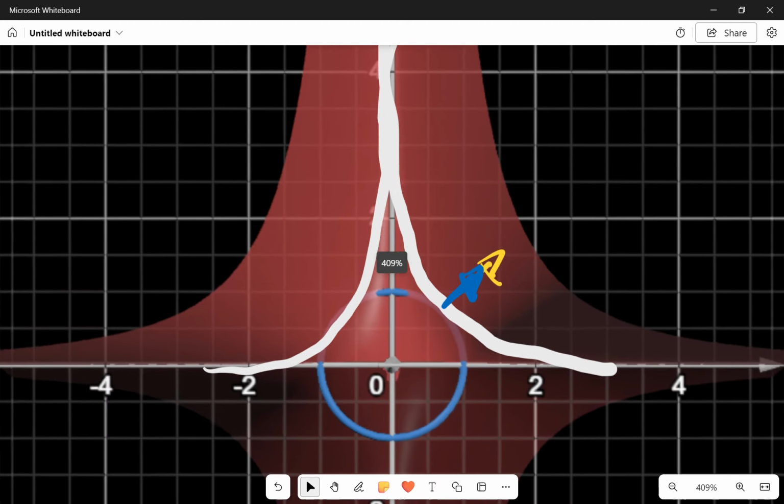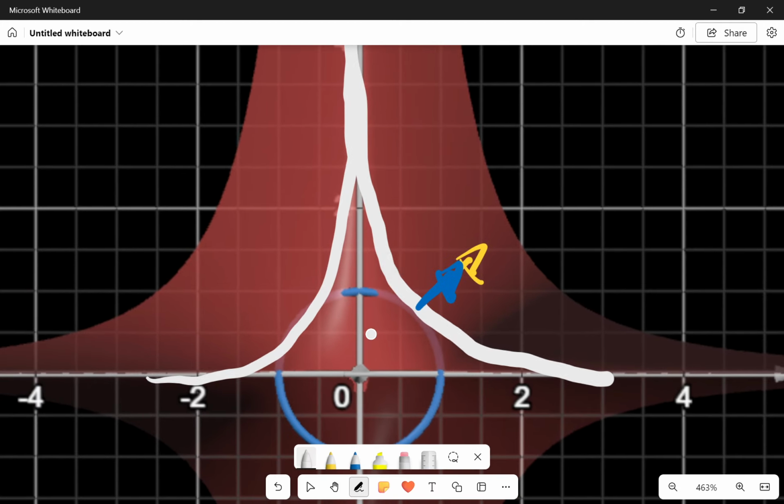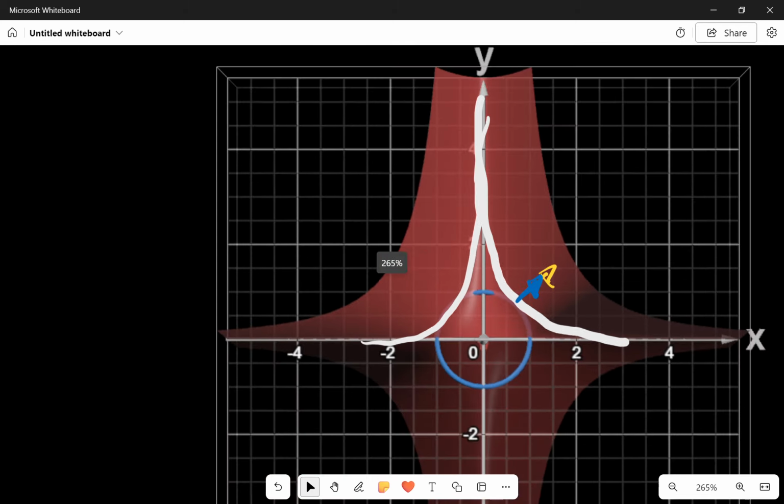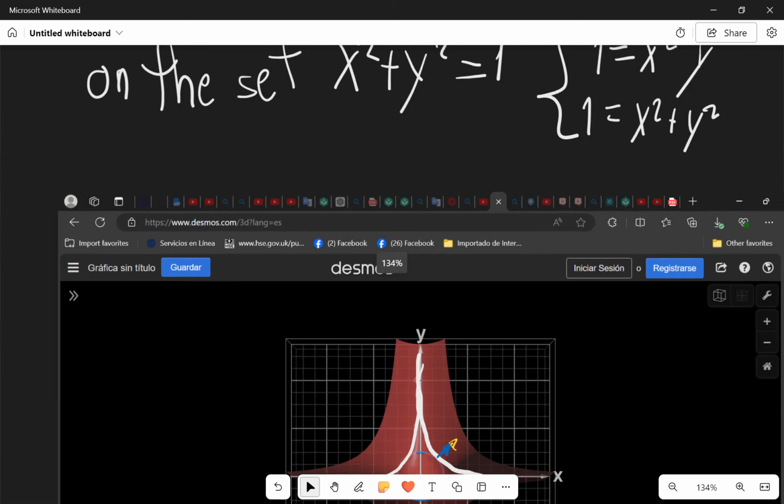So if you have a better look, you will notice that they are not the same height, because this blue one is a little bit below the red function, and therefore a little bit above this contour line of the white one. So that's why we can't set the functions equal to each other.